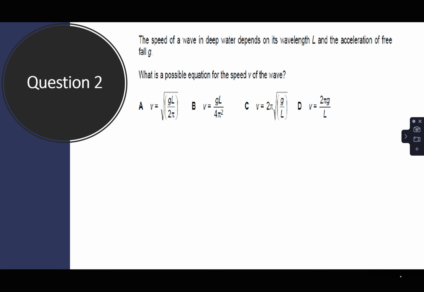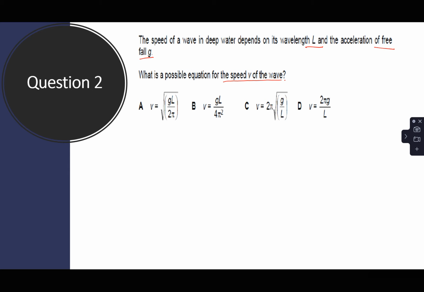So the speed of a wave depends on its wavelength L and the acceleration of free fall G. So the question is, what is the possible equation for the speed V of the wave? Of course, the question will not directly ask you to derive the units or to check which equation gives the most appropriate units for speed.